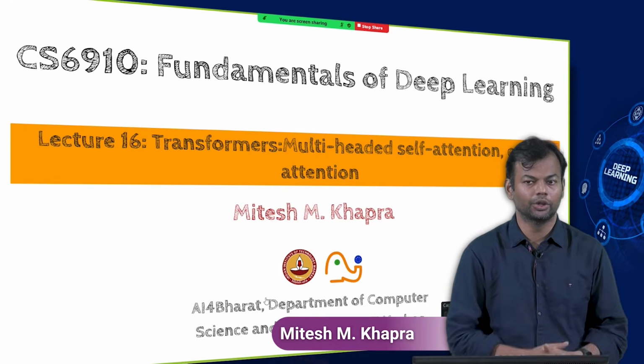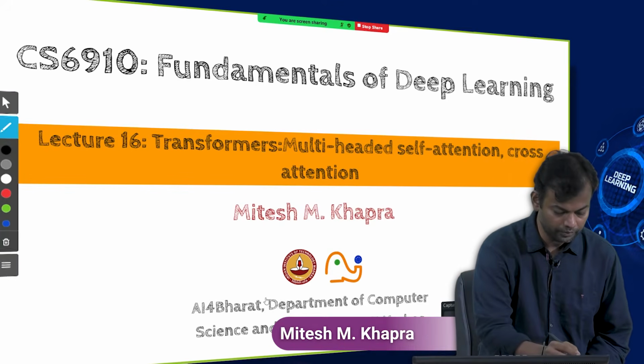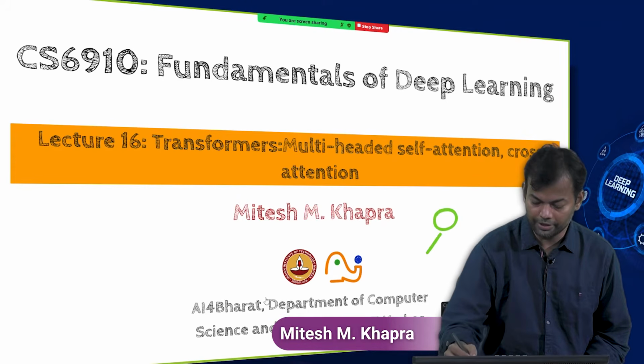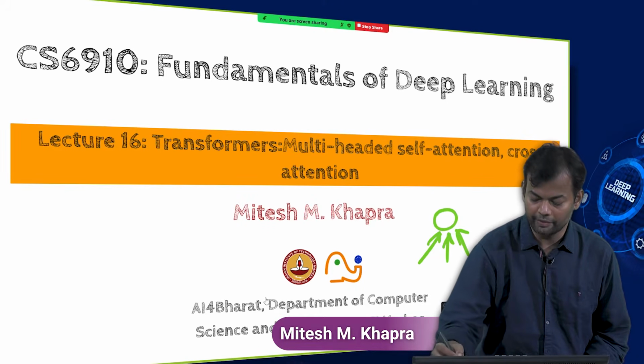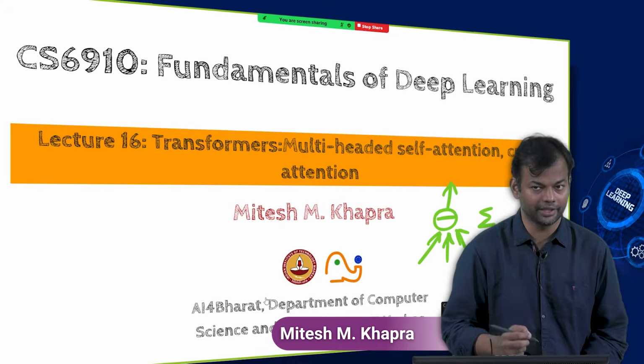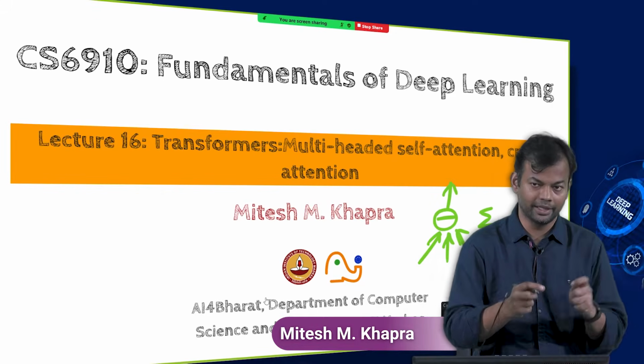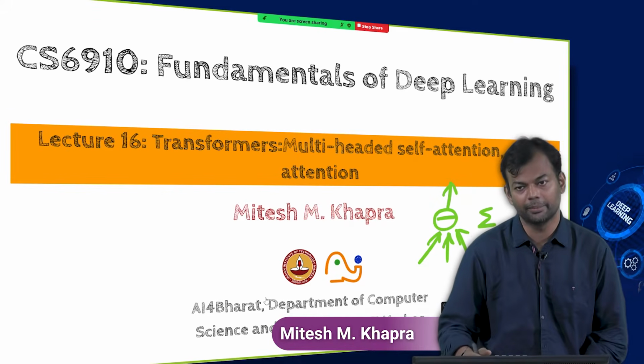or any nonlinear neuron which used to take a bunch of inputs, do a weighted aggregation, and then pass it through a nonlinearity, right? So that was the basic building block, and then we had many of these connected in a layer and across layers to get a deep and wide neural network.